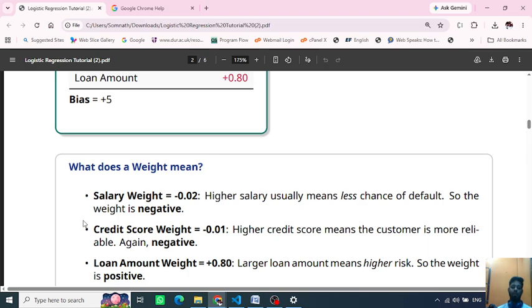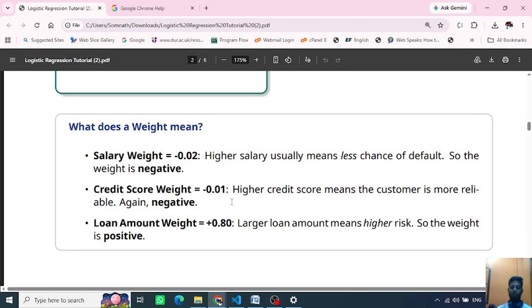So what does weight mean? Salary weight equals minus 0.02. That means higher salary usually means less chance of default. If the weight value is negative, that means the target value and the respective feature will move in opposite directions. So higher salary means less chance of default, so the weight is negative.